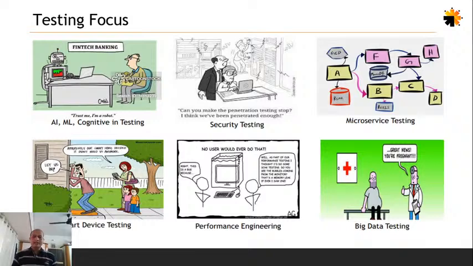I recently read an article about HSBC bank implementing a blockchain platform, and users are leveraging it to do their payments. So that's very impressive. So this is one key focus, AI and ML and cognitive in testing, that we can think of targeting. It is not just because it's an algorithm that is predicting something that is telling you something. We have to create a smart algorithm to test whether the prediction and everything is indeed correct.